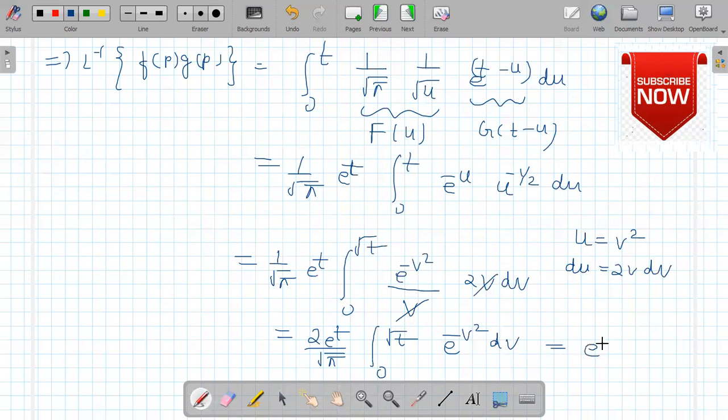So this is equal to e raised power t into error function of square root of t. So this is the answer. You have to keep this integration in your mind. Whenever this type of expression comes, you can change it into error function by letting u is equal to v square.